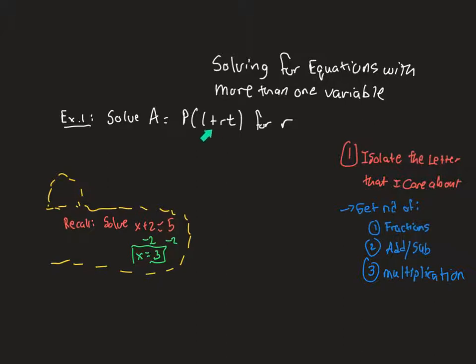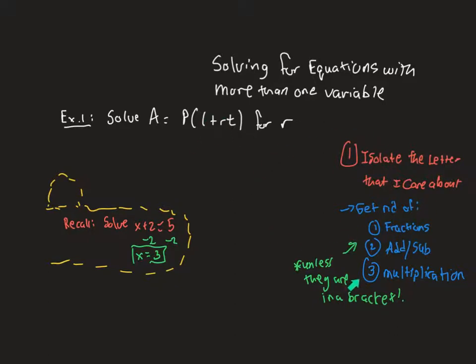There actually is additions, but it is inside a bracket. So I'm going to add a caveat to this rule, and that caveat is, yes, you would get rid of additions and subtractions next, unless they are in a bracket. Okay, so I can't get rid of this addition or subtraction because it's inside a bracket.